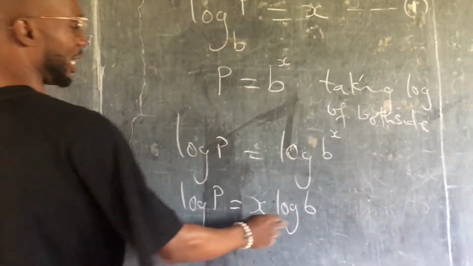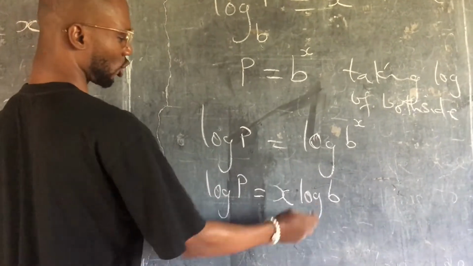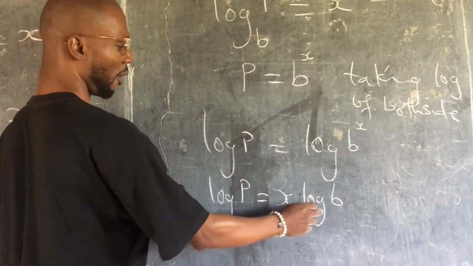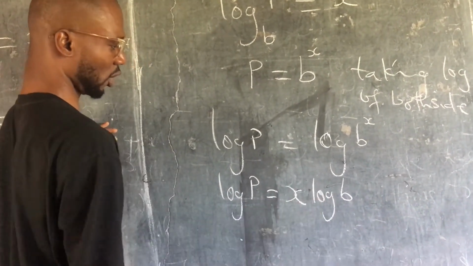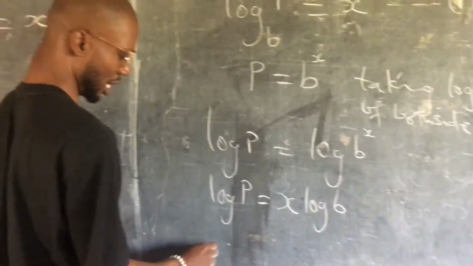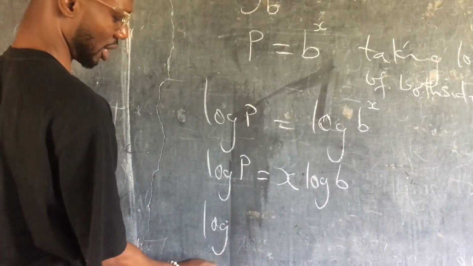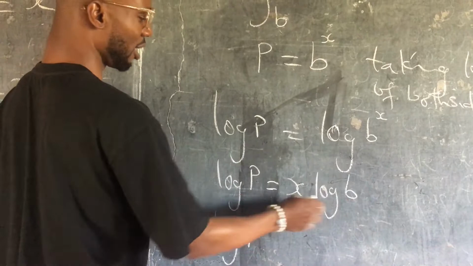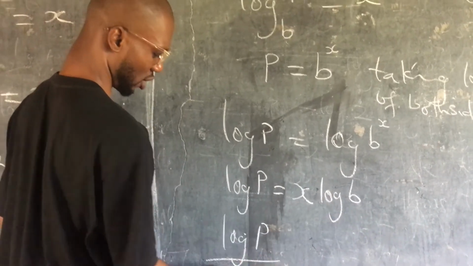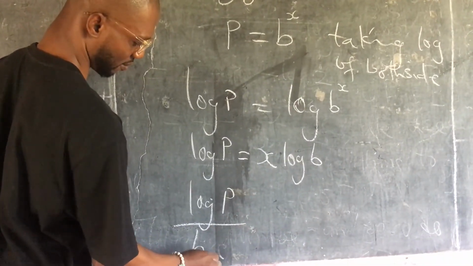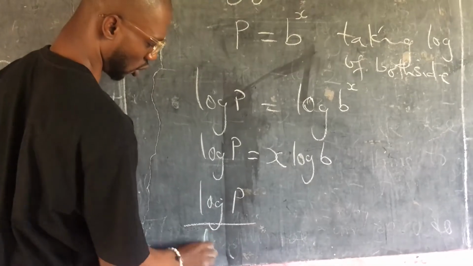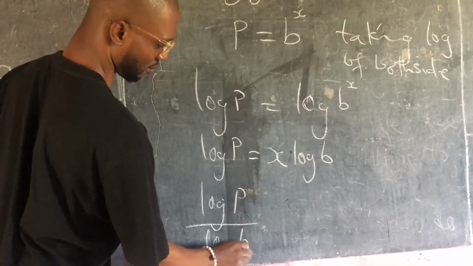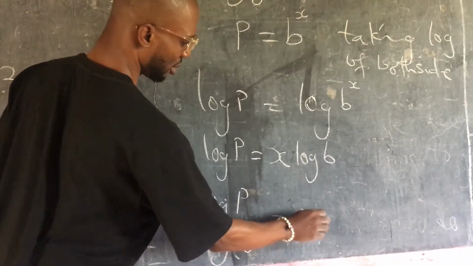Now let me make x the subject. I will get log p, dividing both sides by log b, so log p over log b is equal to x.